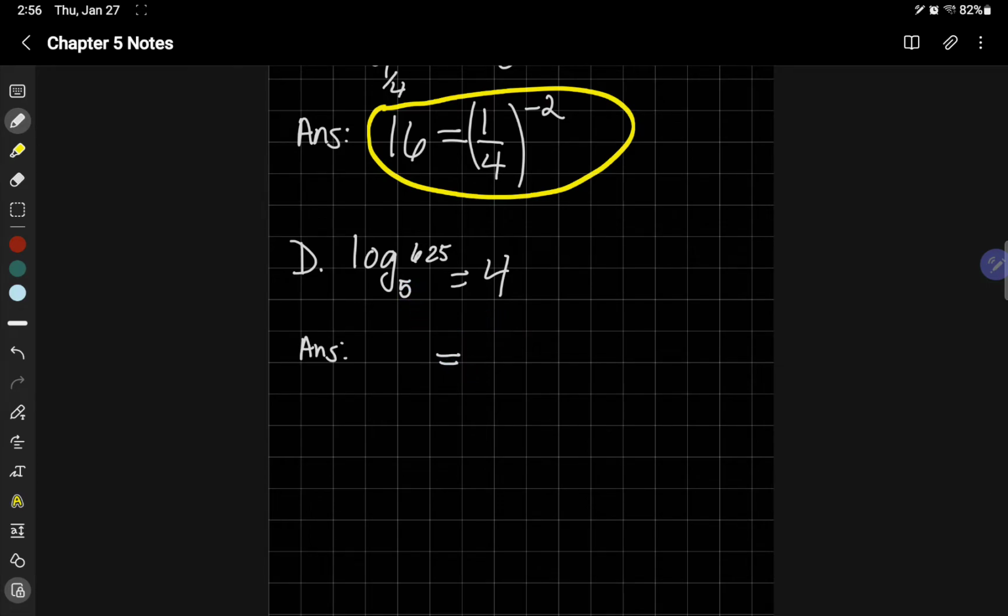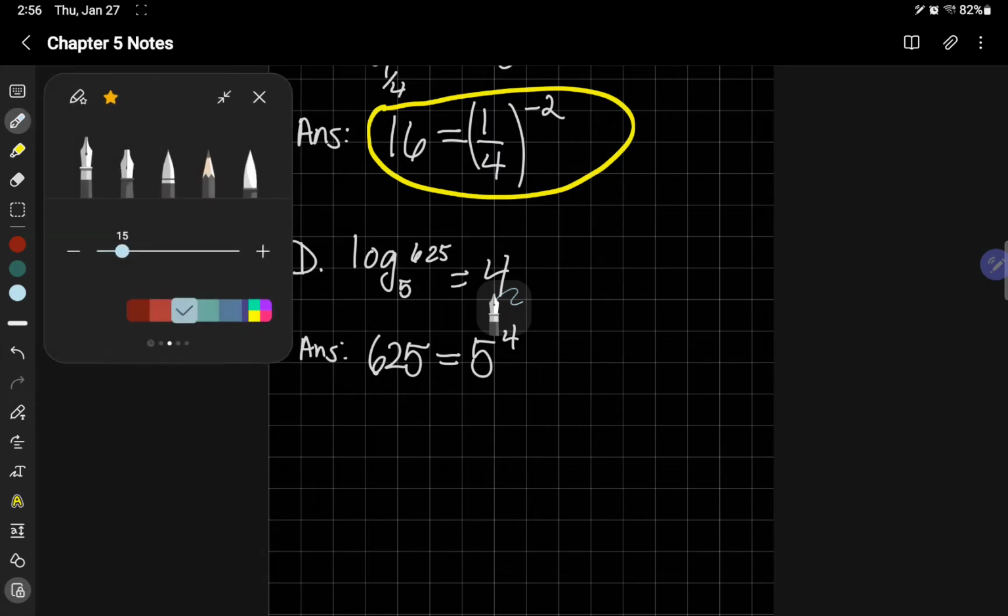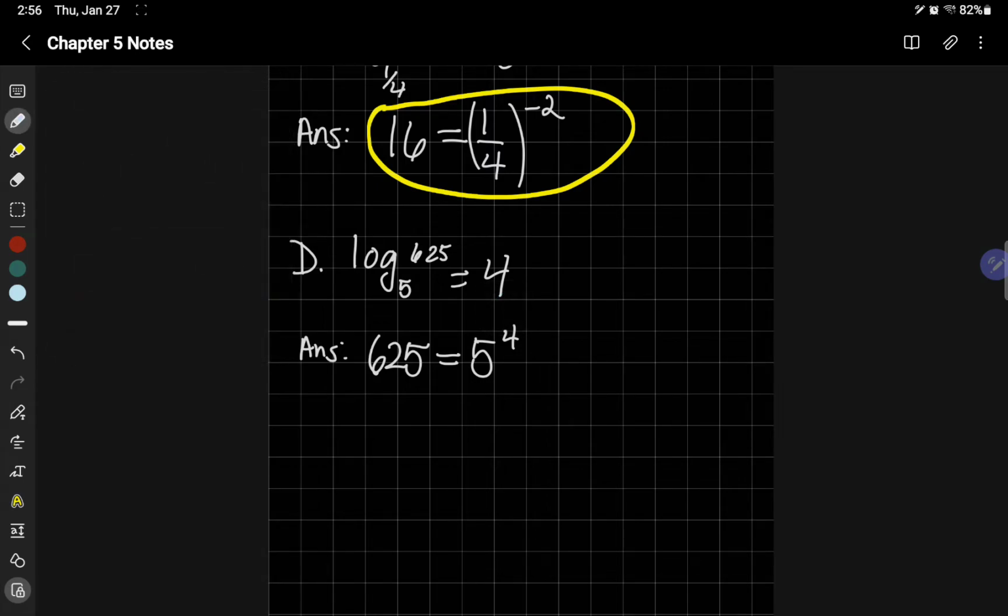We already know 5 is going to be our base. 625 is going to be our x. And 4 is going to be our y. And that's what the answer is. And that's it. Don't you just love this?